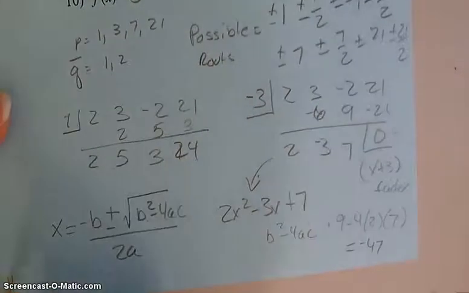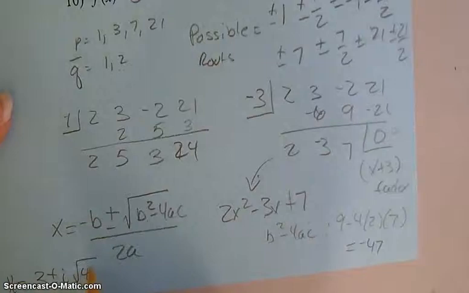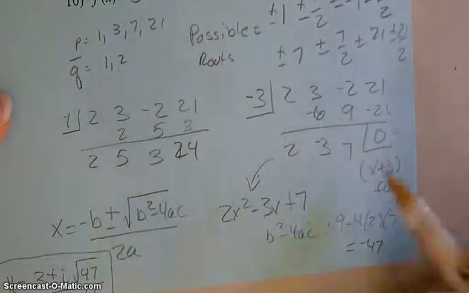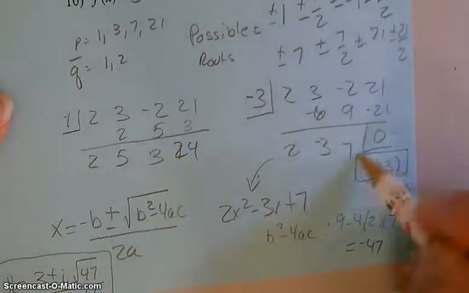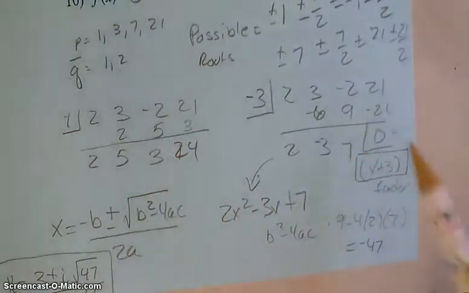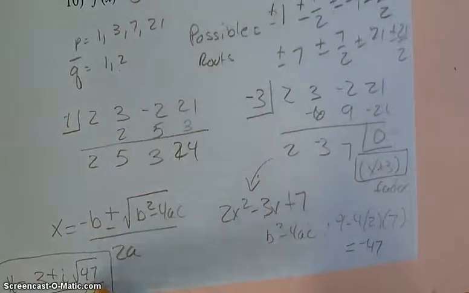So my x here is going to equal negative b, which is negative 3, plus or minus i radical 47 all over 2 times 2, all over 4. So here are my two answers along with this one. Now I chose to do this one with you because I saw the answers and I knew it was going to be imaginary.